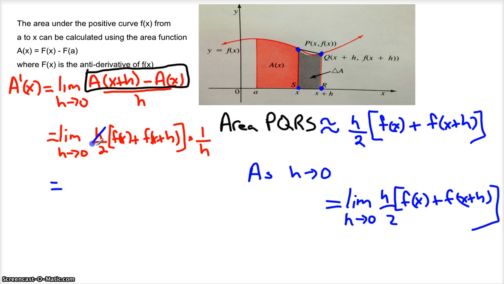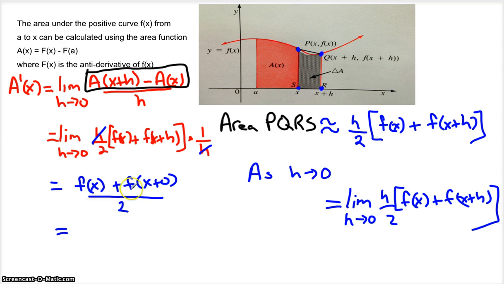Now let's simplify this. h divided by h is 1. So now we can actually just substitute 0 for h here because h has been eliminated from the denominator. And what do we get? We get f at x plus f at x plus 0, all over 2.